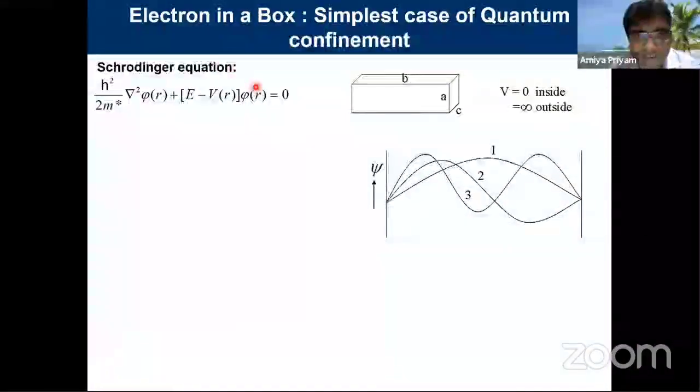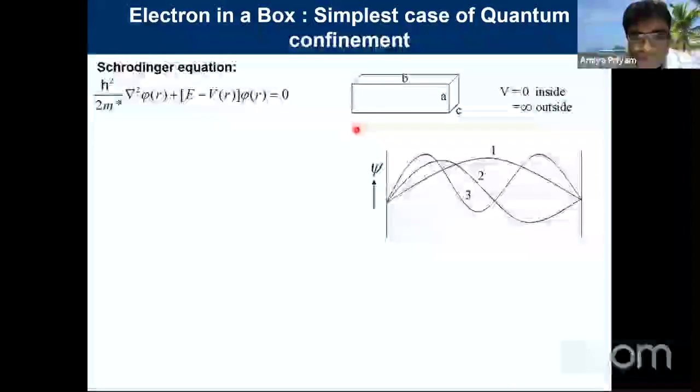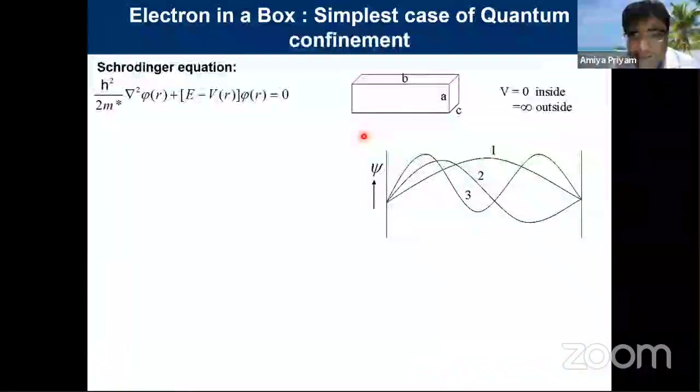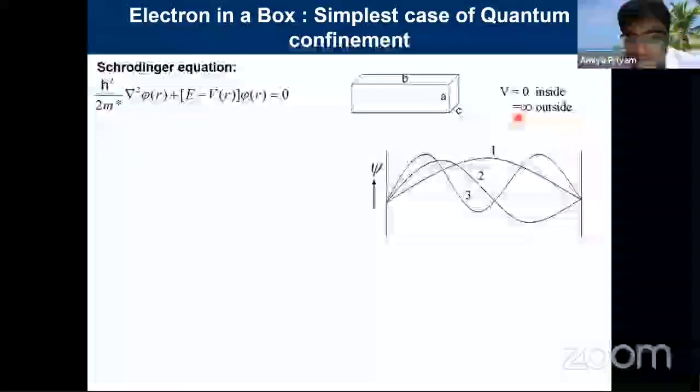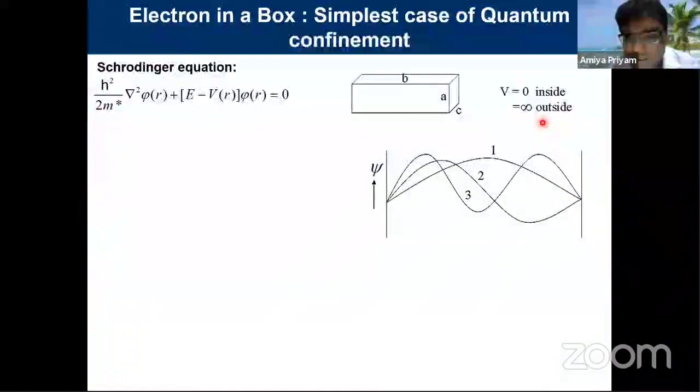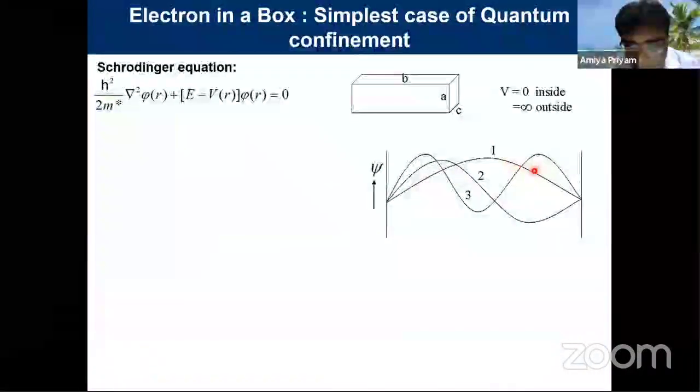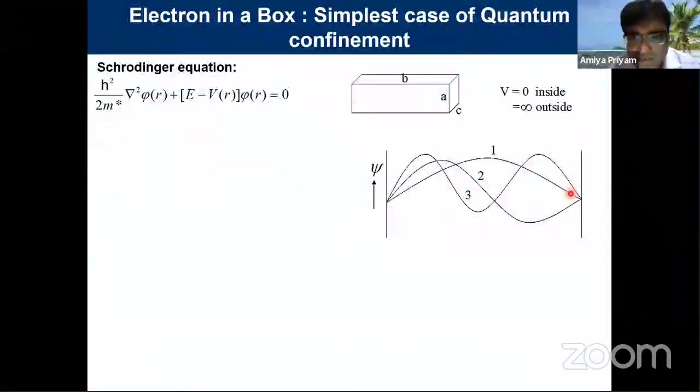Here, A, B, C are the sides of the cuboid, and the potential inside is 0 and the potential energy outside is very high at the walls. In such cases, the particle will have de Broglie waves, which will have such profiles.